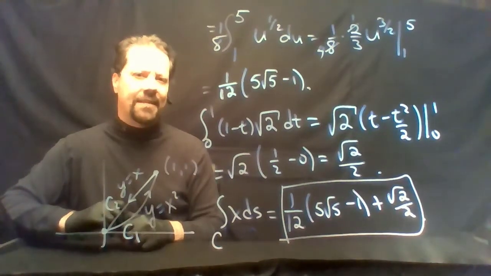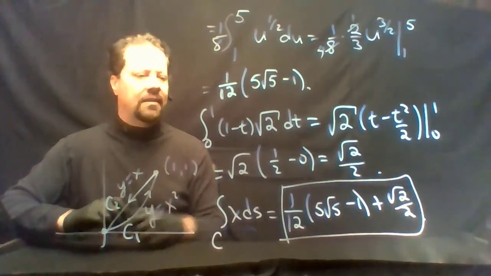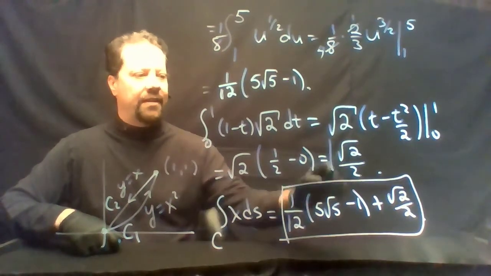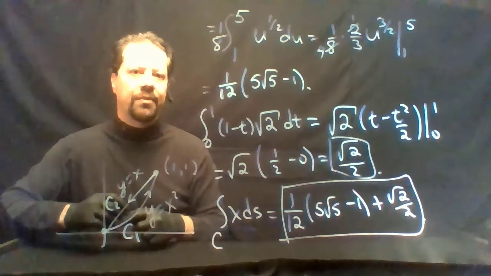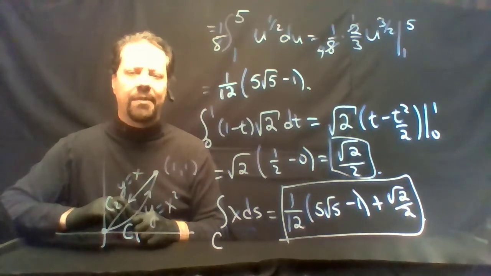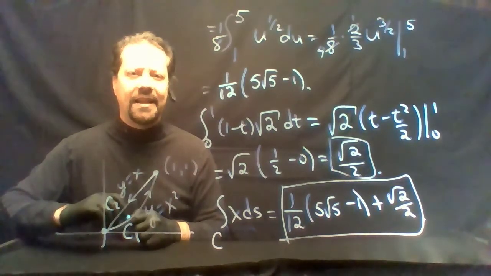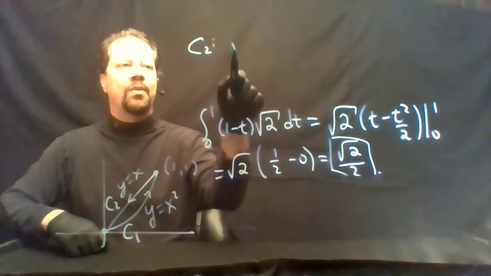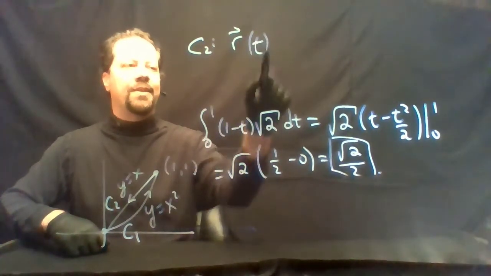I wanted to point something out, however. Consider the integral on C2 that we found here, root 2 over 2. We had a particular parameterization. I want to try a different parameterization. Suppose for C2 we had made the following parameterization.